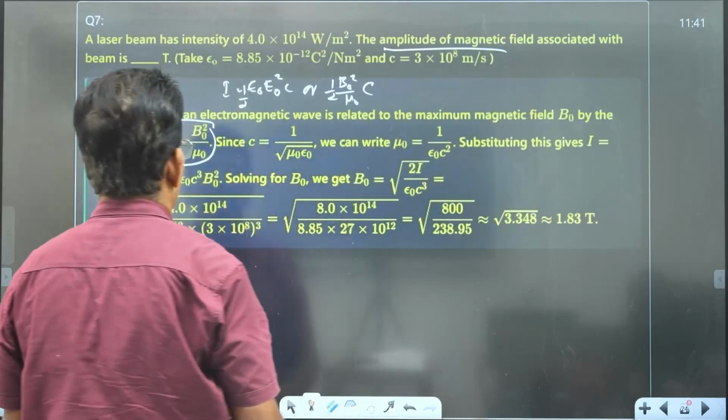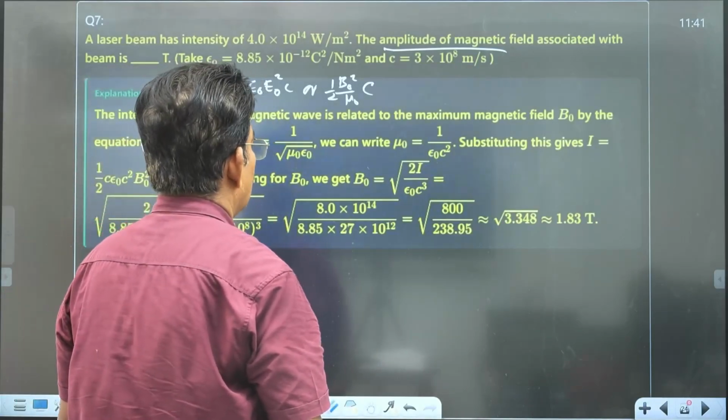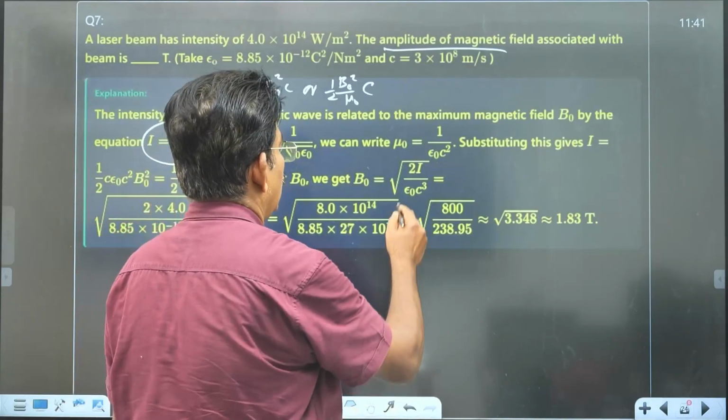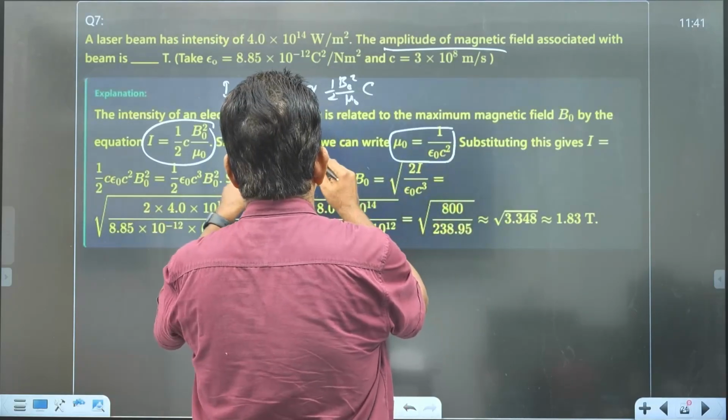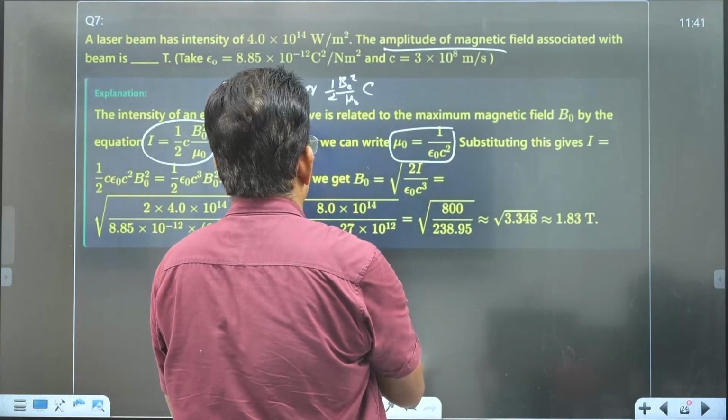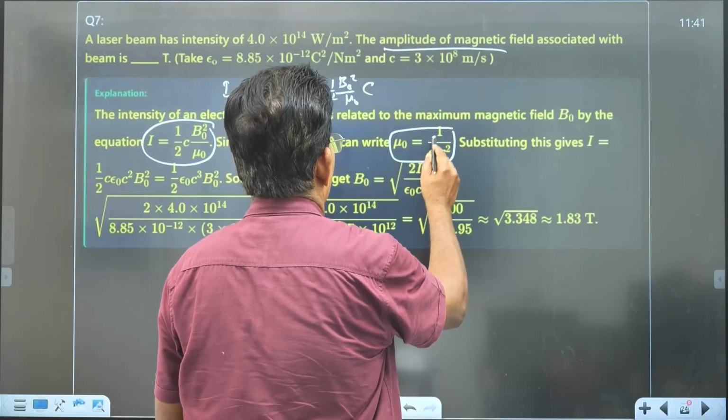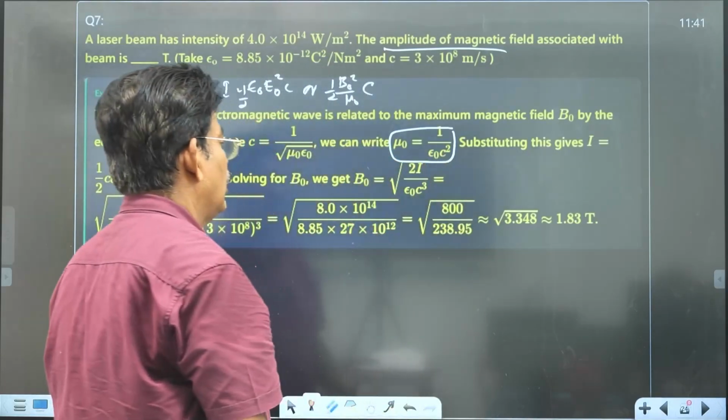Now we are replacing mu 0 by how much? Since C square is 1 by mu 0 epsilon 0, instead of mu 0 we can write 1 by epsilon 0 C square.